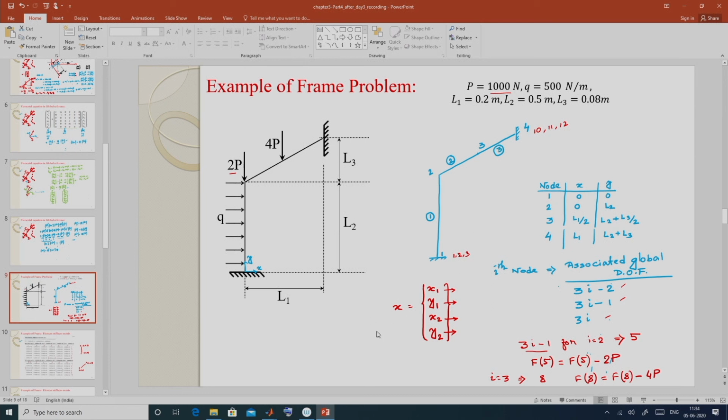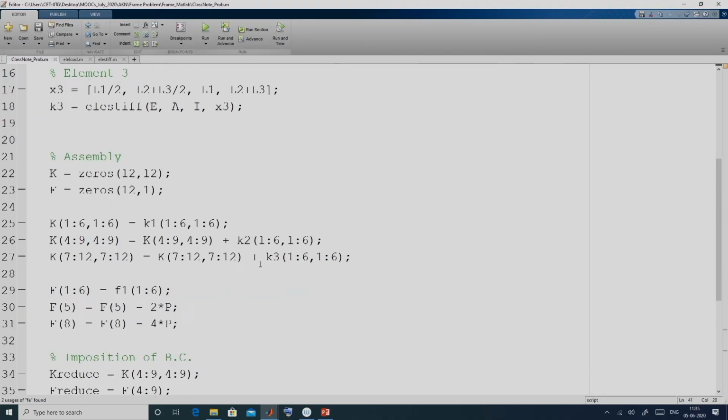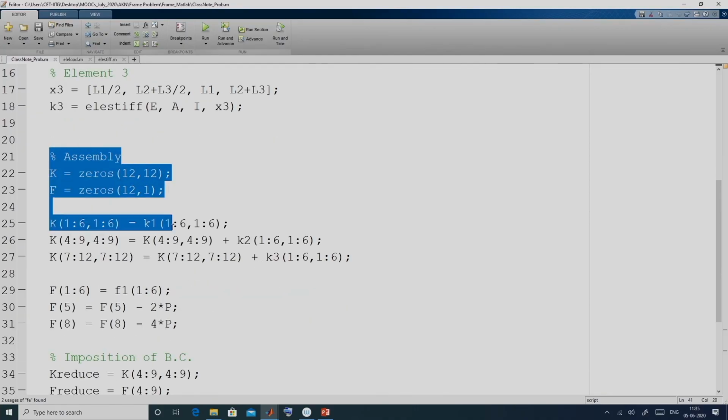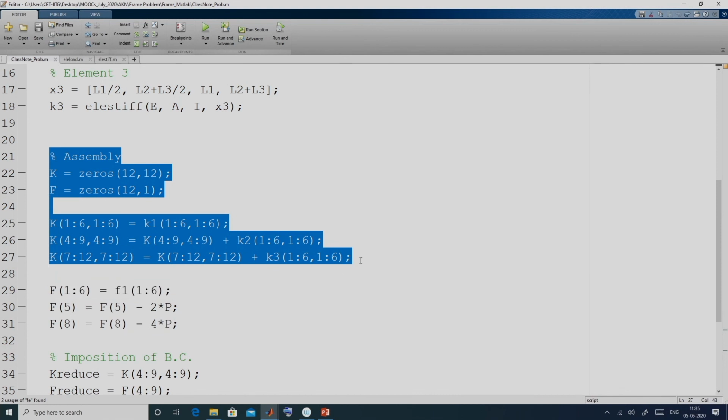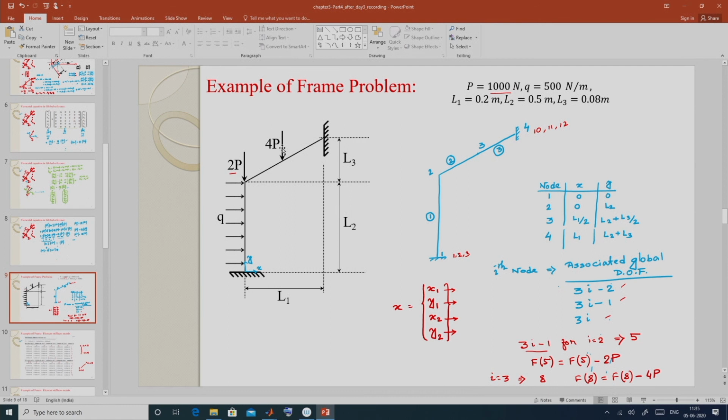There is distributed load only for element 1. So, we calculate Fe1 only. After that, we do our assembly operation where we add the element stiffness matrix in the respective global degree of freedom positions of the global K. These 2 point loads which are in negative y direction are taken care of at the global level.